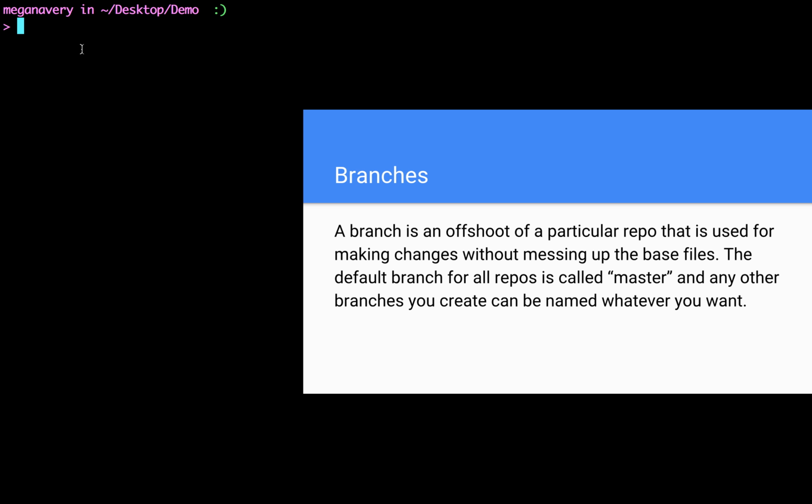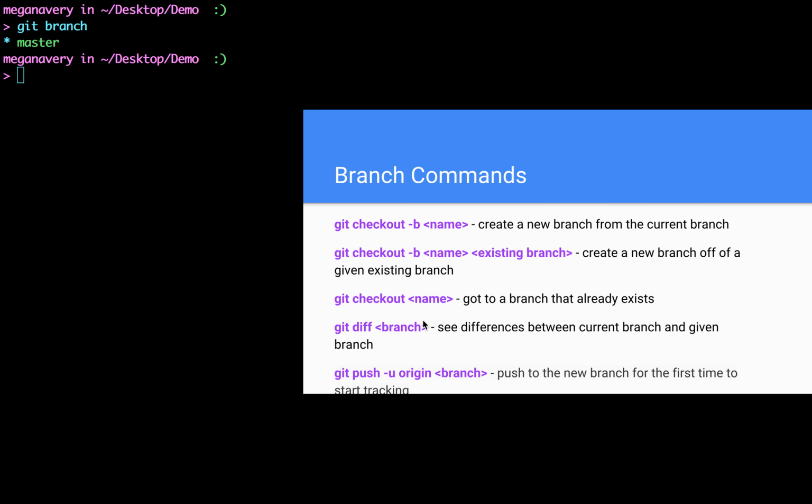So if I run the command git branch, it'll give me a list of the branches that are on my current machine, as well as an asterisk next to the one that I'm currently on. So some branch commands are git checkout -b name, which will create a new branch from the current one.